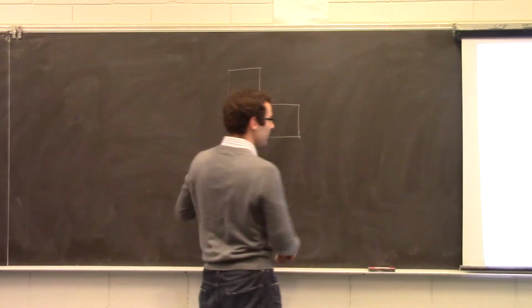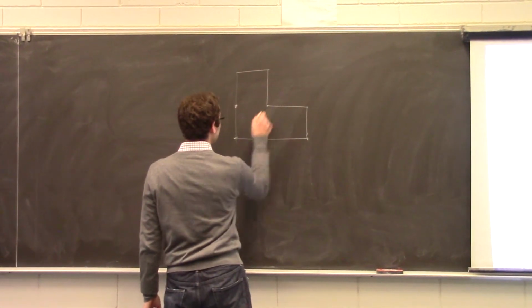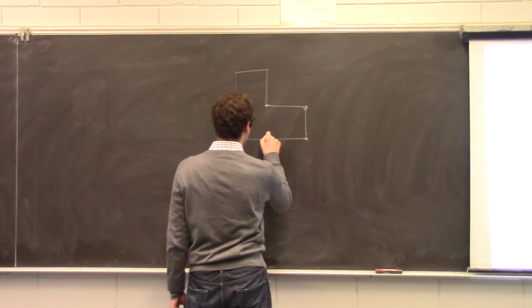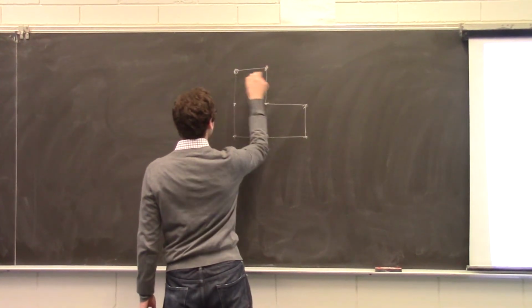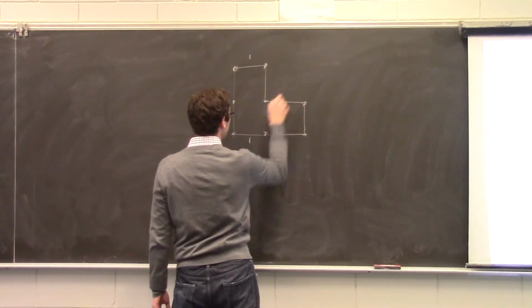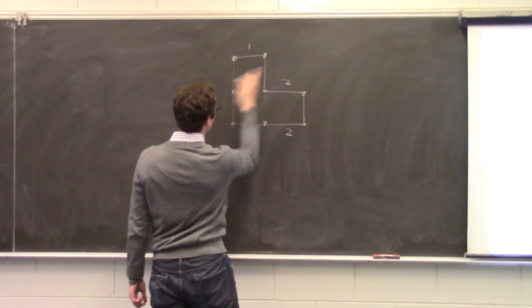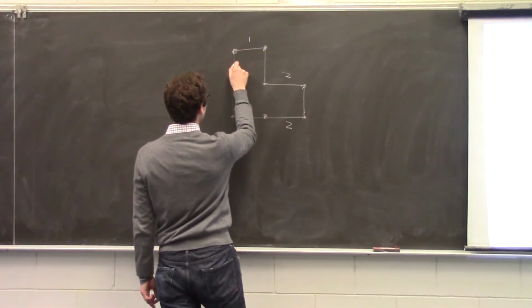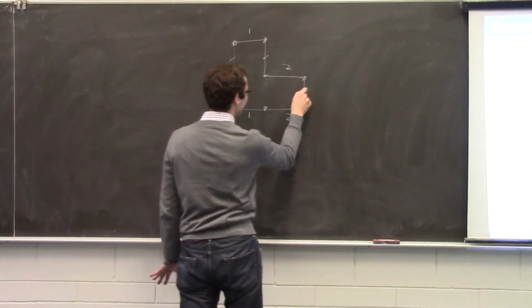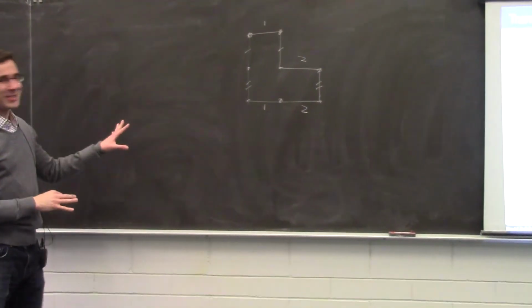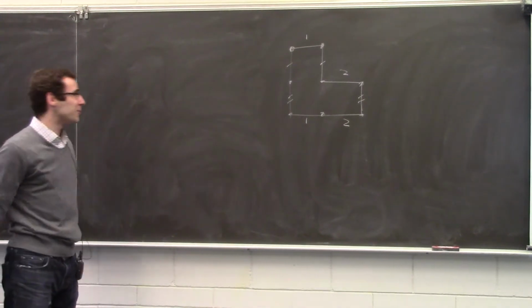And for this other shape, for example, I have to tell you what's actually being identified. And this is also instructive. I'm going to glue 1 to 1, 2 to 2, and then I want to glue opposite sides across in that sense. So hopefully this is sufficiently clear for the gluings that I'm doing.